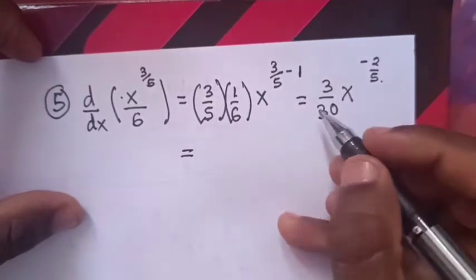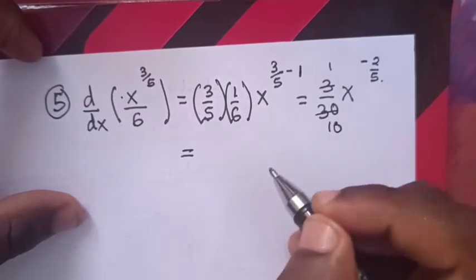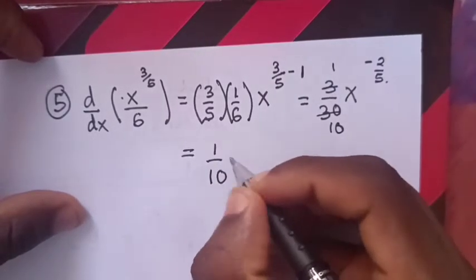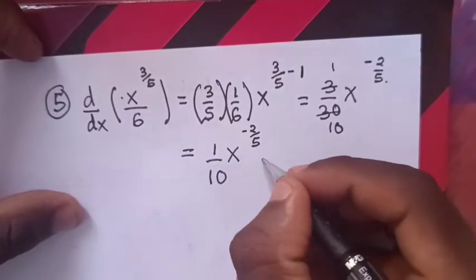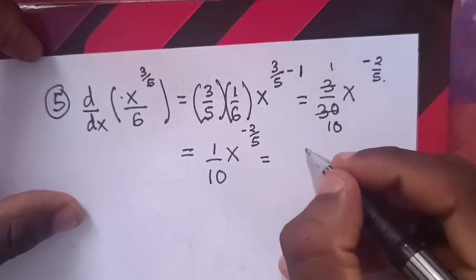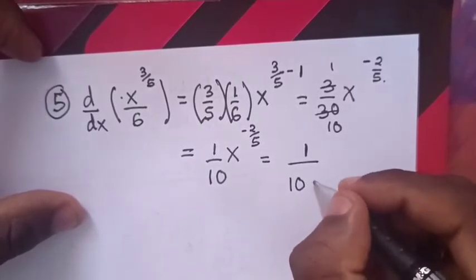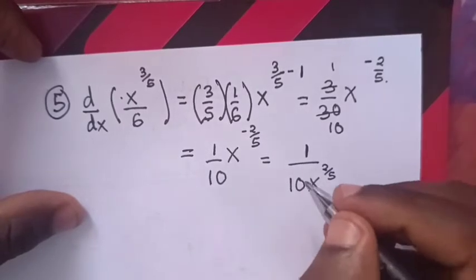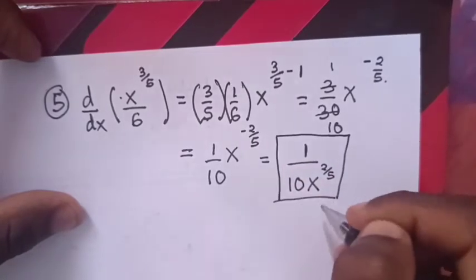Like 1 minus 3 over 5 is 2 over 5, so the inverse will be negative. 3 divided by 30 is 1 over 10. x to the power of negative 2 over 5, or our answer will be 1 over 10 x^(2/5) in the denominator. So this is the best answer, but all are correct.